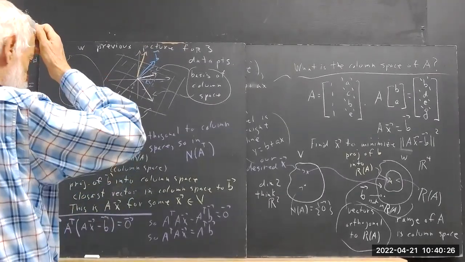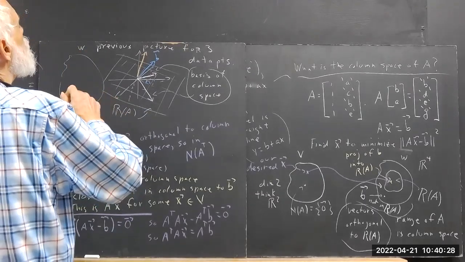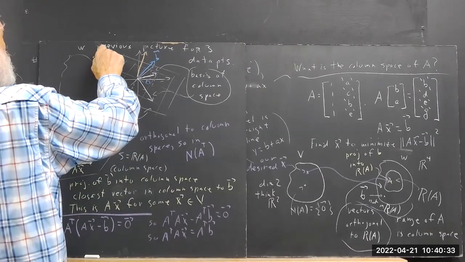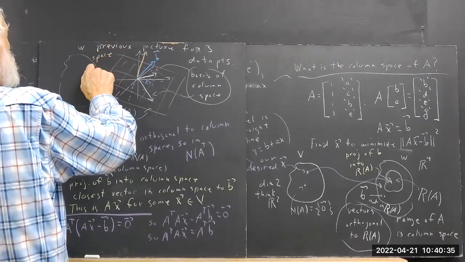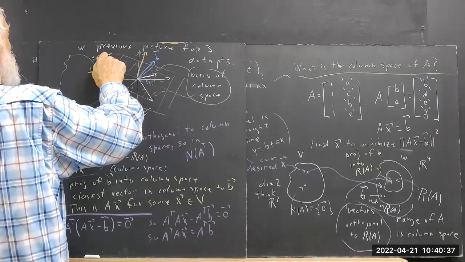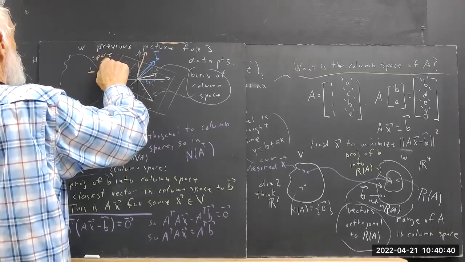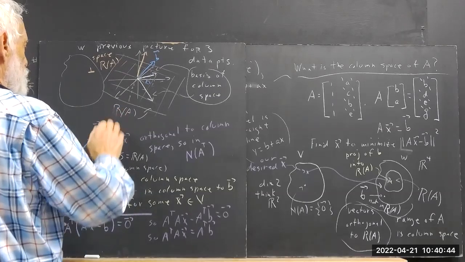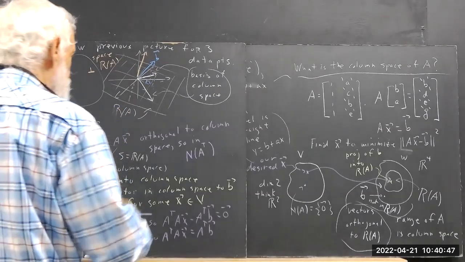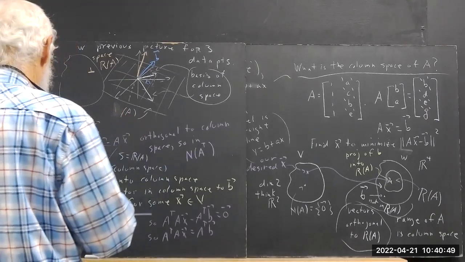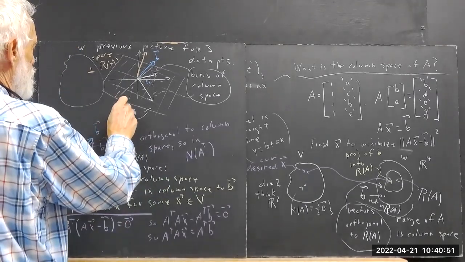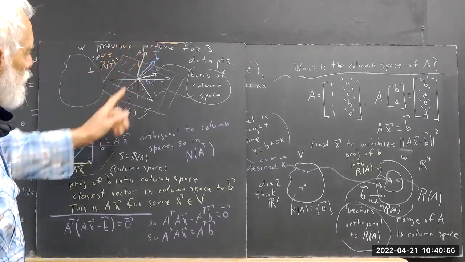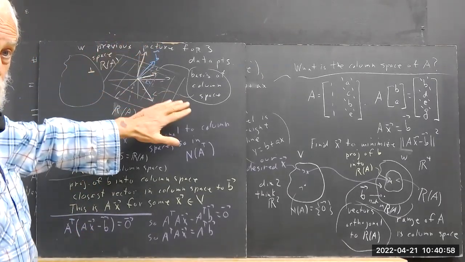So this is the line through the origin perpendicular to this plane.